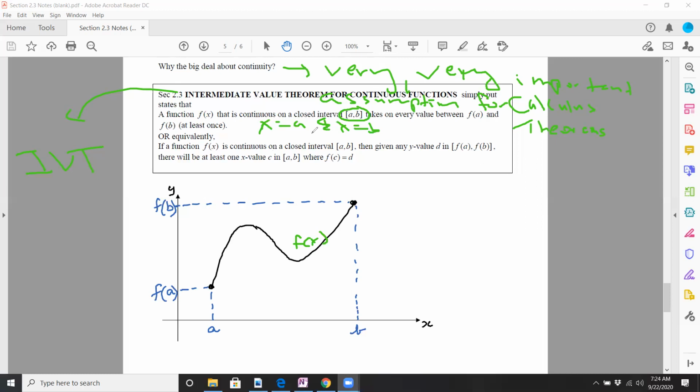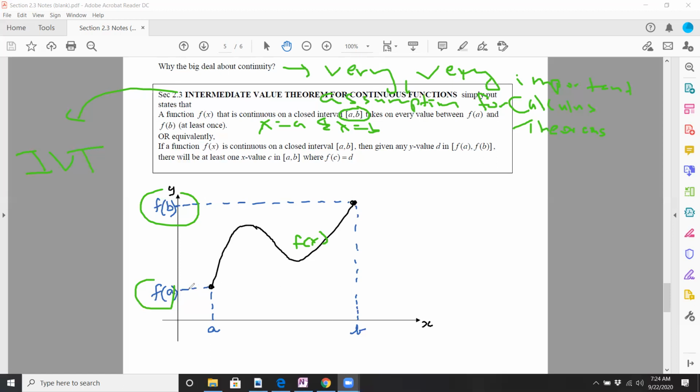So let's say you choose an interval a and b, and f of a is right here, f of b is right here. So you're deliberately keeping your graph in between f of a and f of b, right? And in between x equals a and x equals b, it's continuous again. So it takes on every x value. That's the other thing too, is that, again, you have your interval x equals a, x equals b.